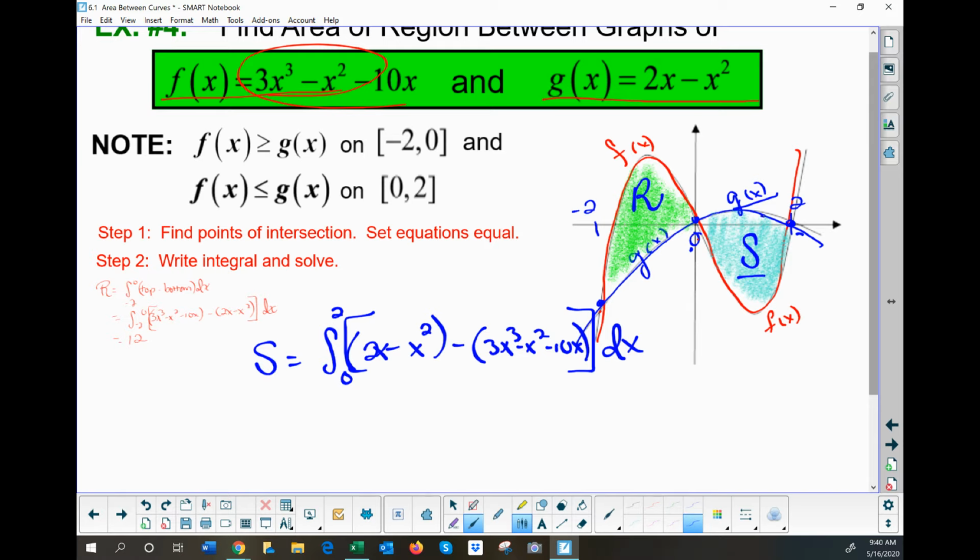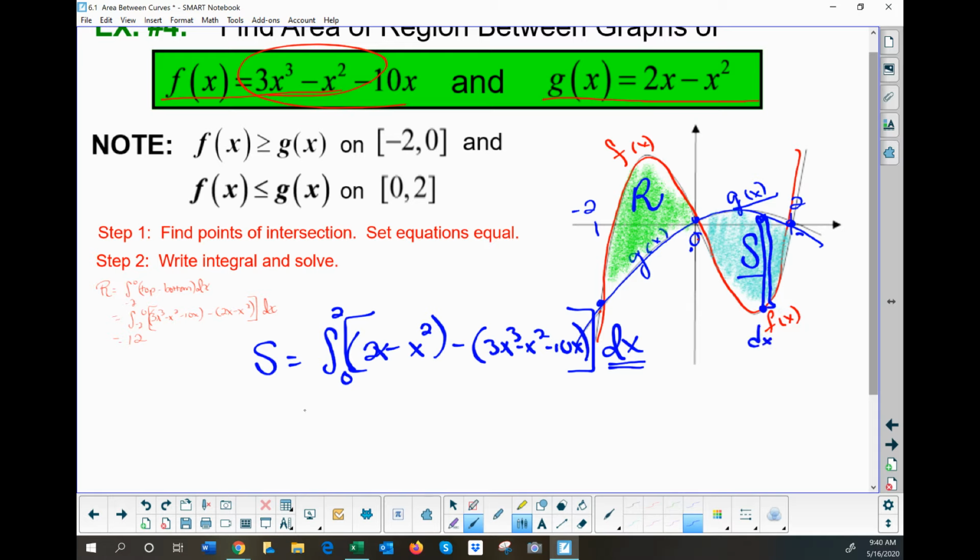And that will give us the length of a rectangle that sits between g of x and f of x. And if I take g minus f, that'll give me the length. I multiply it by the width, that is dx. So imagine this thing having a little bit of width.